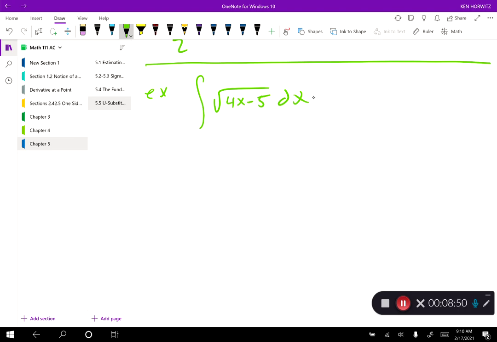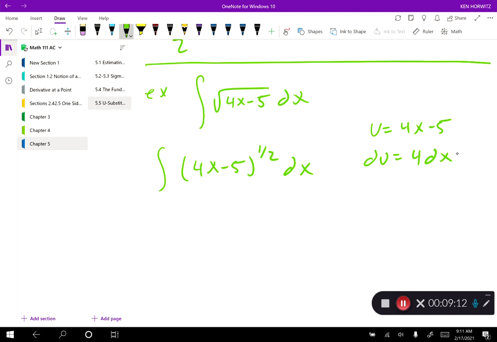However, if I change my square root to a rational exponent, the parentheses become more apparent. So what's in the parentheses is 4x minus 5, so I'm going to make that my u. And then du is 4 dx. But again, I only have a dx here, so I have to divide by 4.